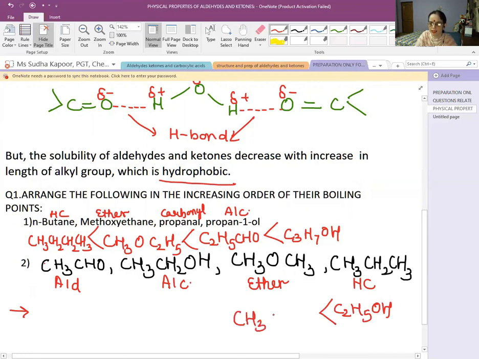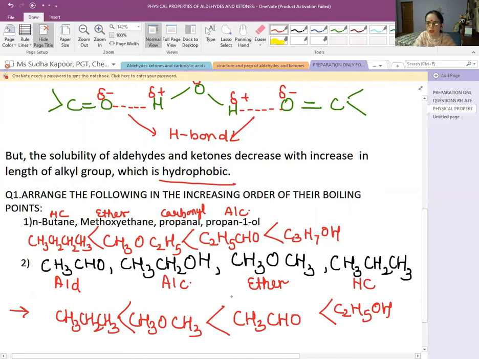Then the aldehyde, CH3CHO. Then comes the turn of the ether, CH3OCH3. And the lowest one is propane. Such questions are of 1 mark in the MCQ part, the short questions. They can be present in your paper for the arrangement part.